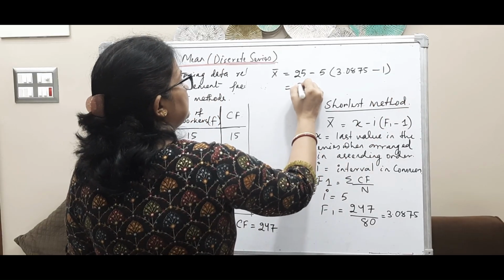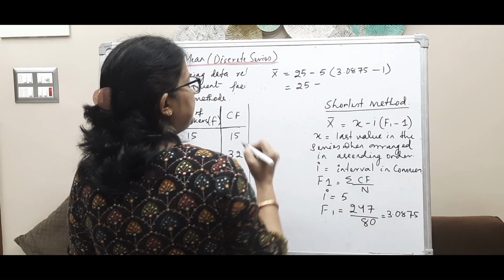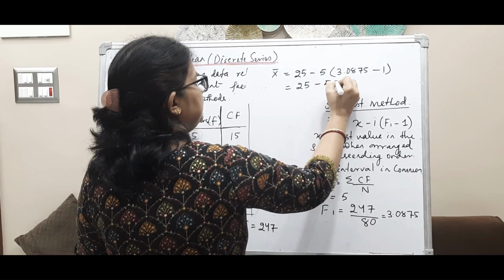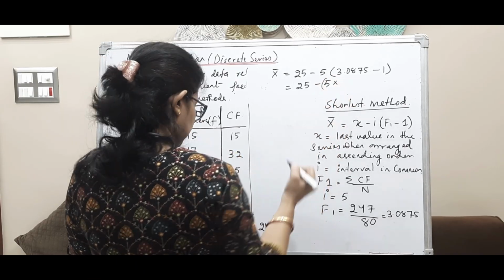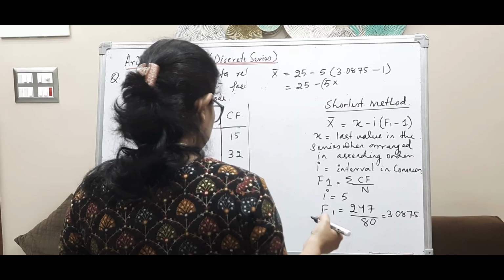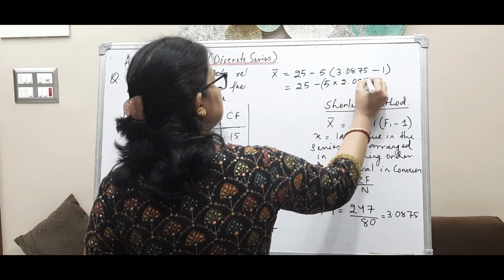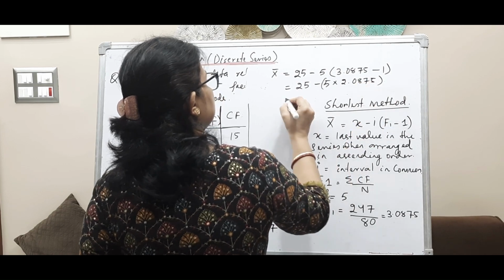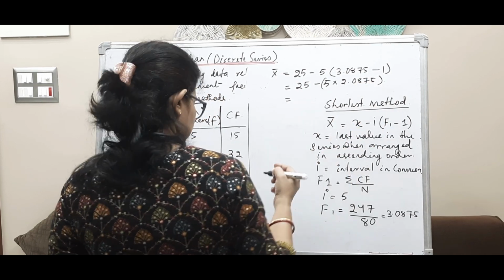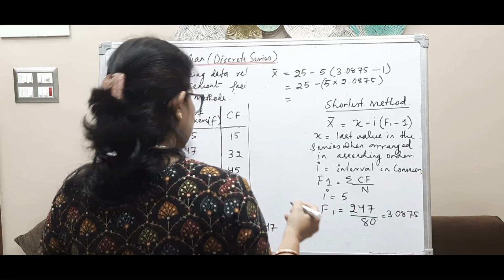So how much is it coming? 25 minus 5 into 2.0875.